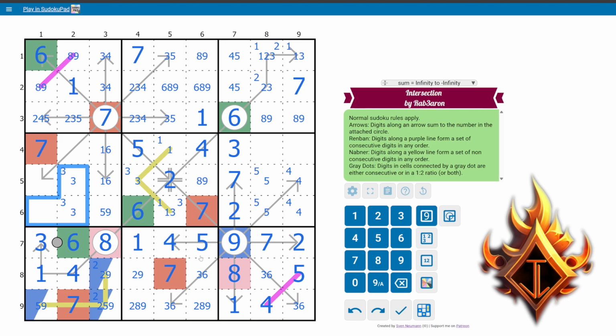I guess that still has choices. Pink does again. Pink is free of choices again. 1634. Okay. That'll be a 5 or 9.